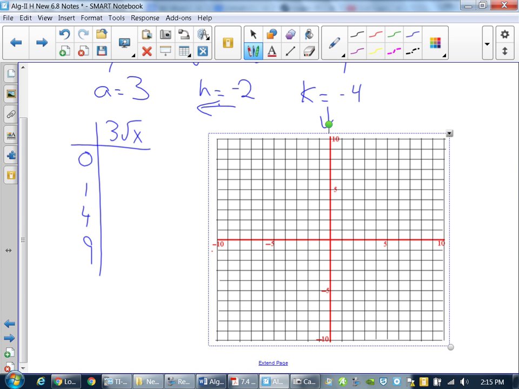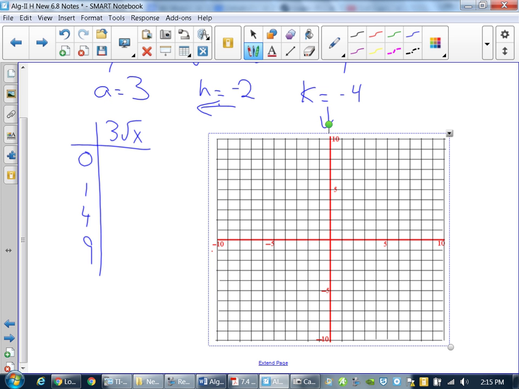Same case. But basically with cube roots, am I going to use 27 as a value of x very often for a 10 by 10 graph? No. I'm probably going to use just those 3. And then every cube root function is going to have the same basic shape, so it just mirrors the shape out. Okay. So here you go.